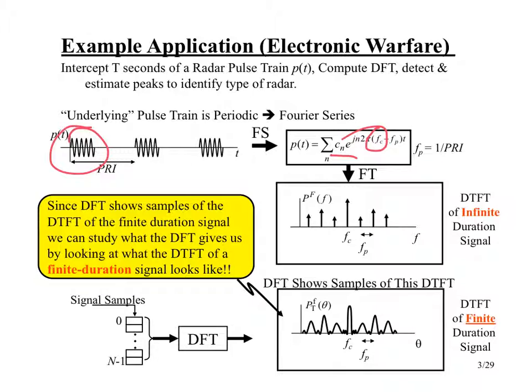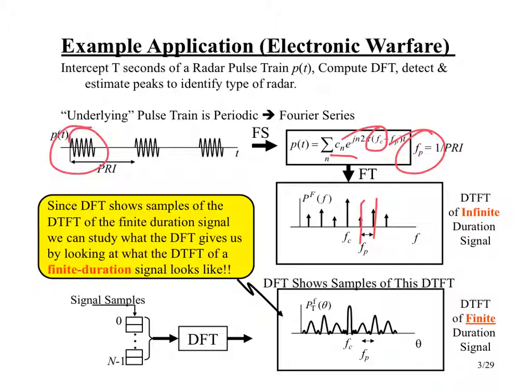The spacing between these harmonic spikes is 1 over PRI, the fundamental frequency of the underlying periodic pulse stream. That's the theoretical spectrum of this pulse train.